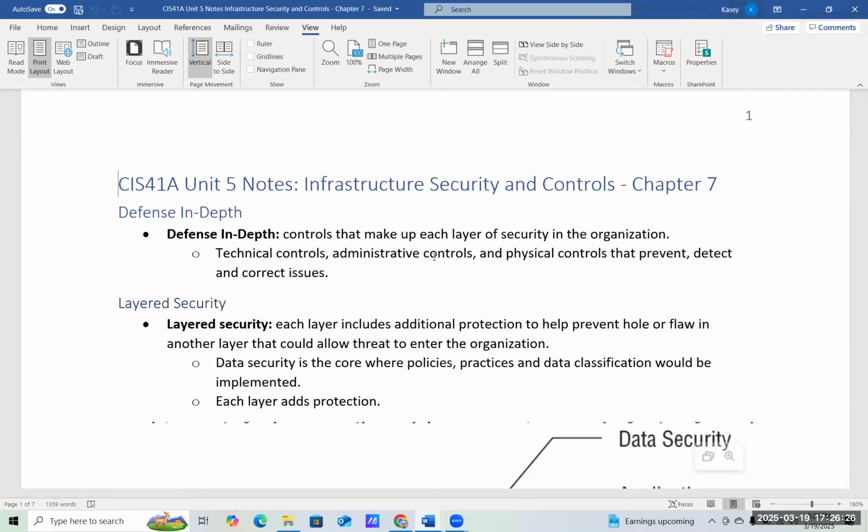In technical control, we have a lot of management capability, such as configuring firewalls, creating users and groups and assigning them privileges and access based on least privilege requirements.